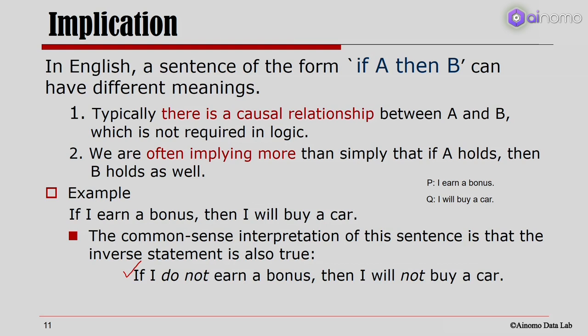Then the statement if I earn a bonus, then I will buy a car could be written as if P then Q. One needs to realize that the common sense interpretation of the above sentence, that if I do not earn a bonus, I will not buy a car, is not included by if P then Q.